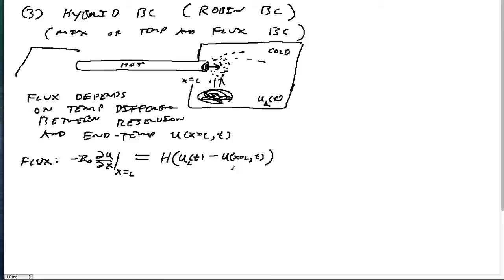All right, so there's the temperature difference. And of course this again is that conductivity constant. And we're going to evaluate this at x equals L there. And this we're going to call just a catch-all transfer coefficient.